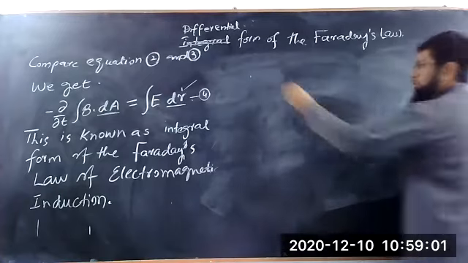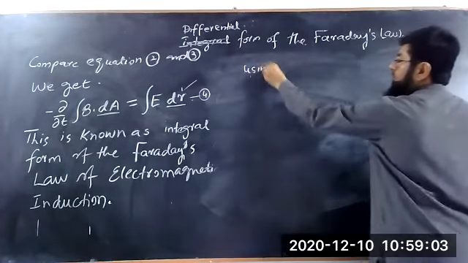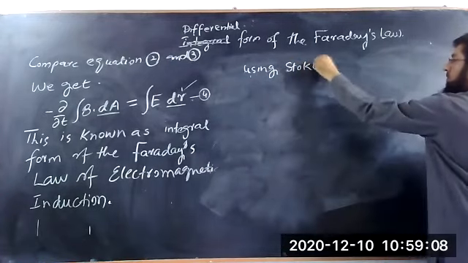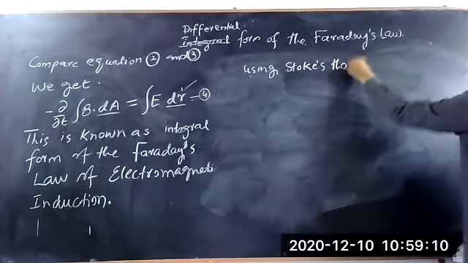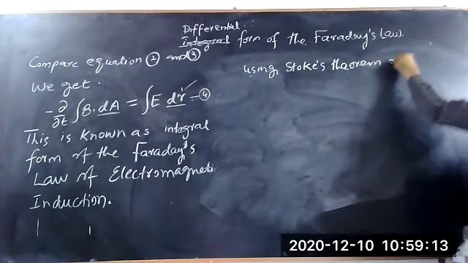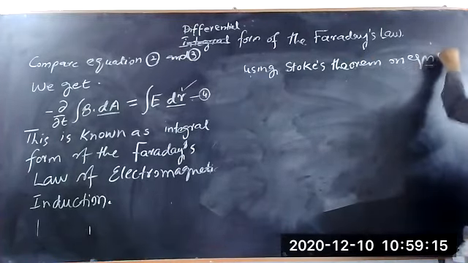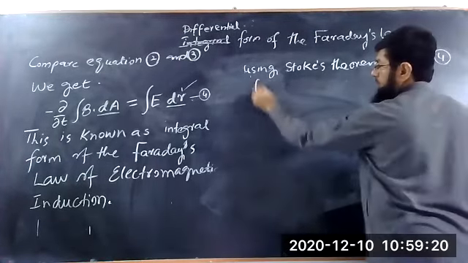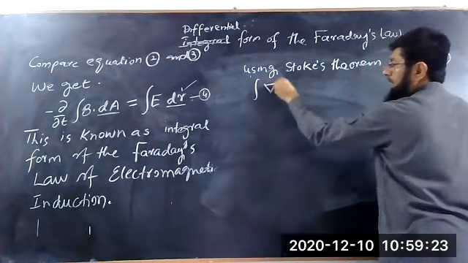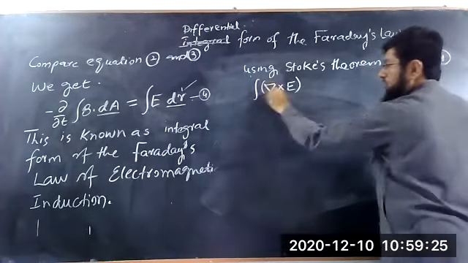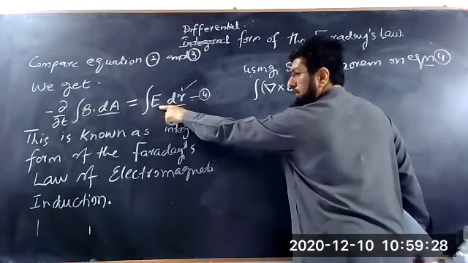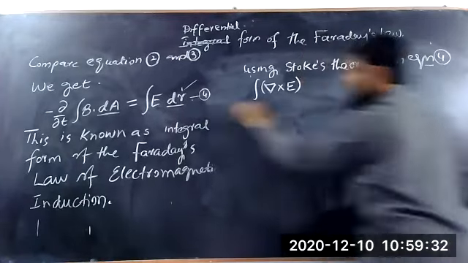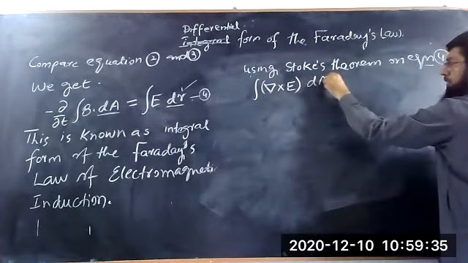So using Stokes theorem on equation number 4, we get the integral of curl of E. If we take a curl of E, this line integral is converted into the surface integral.